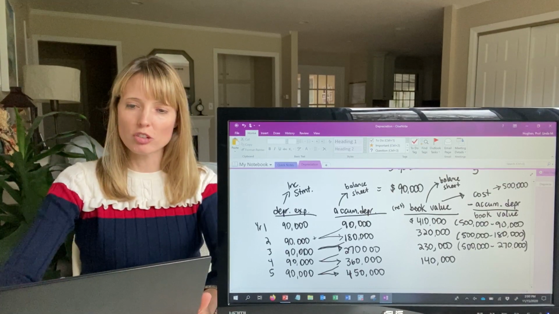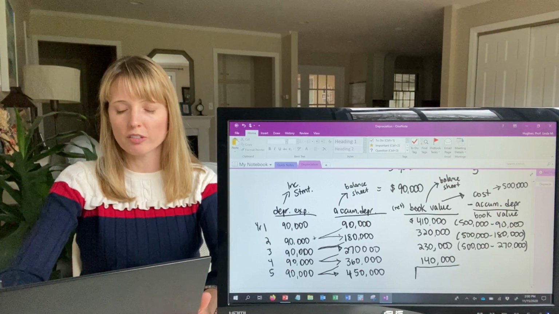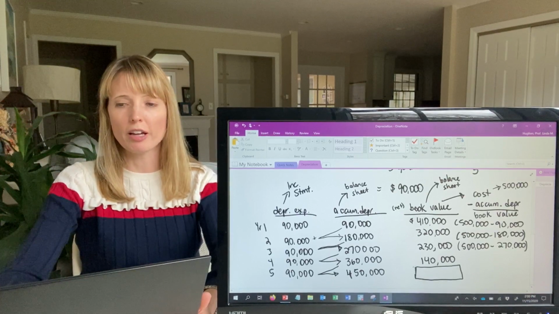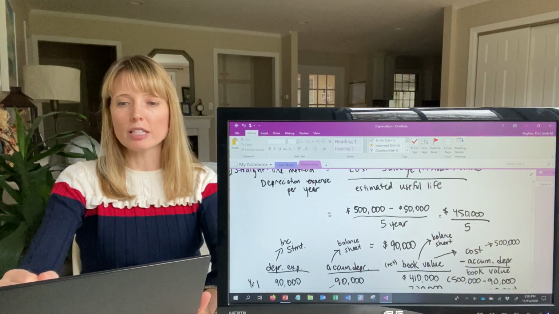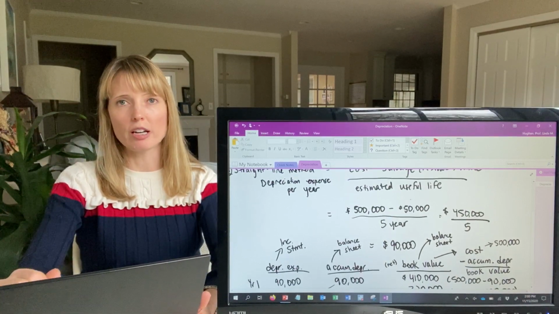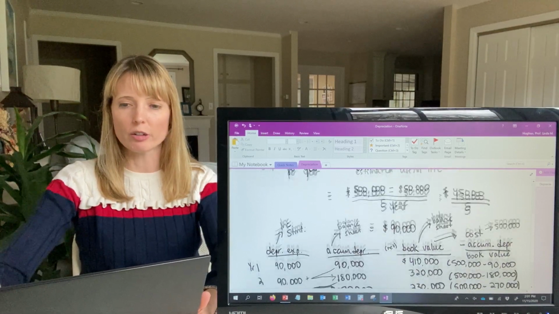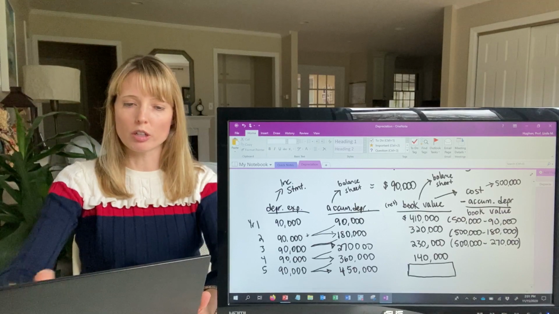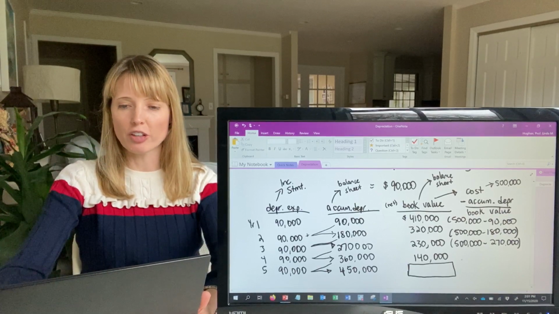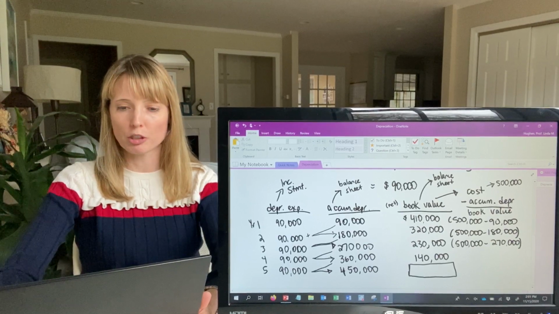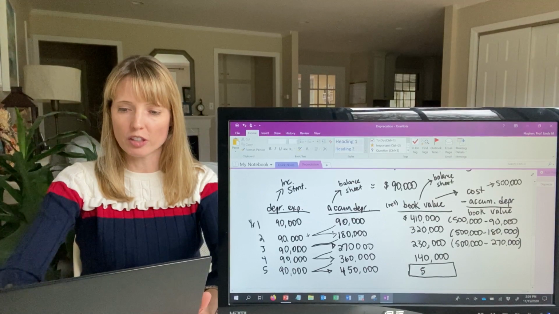And in that last year, our net book value should be equal to what? What should we find here even before we do any math? Well, we are writing down or depreciating our asset until it reaches that 50,000 residual value or salvage value. So if we take the 140,000 and subtract out that last depreciation expense, or take our 500,000 and subtract out the accumulated depreciation of 450,000, we indeed get a net book value of 50,000.